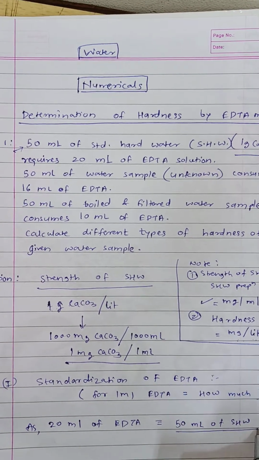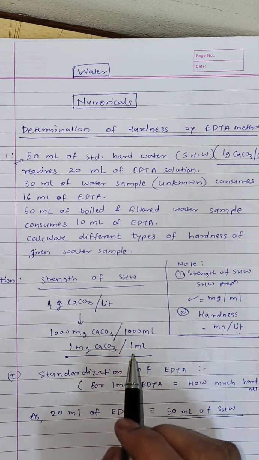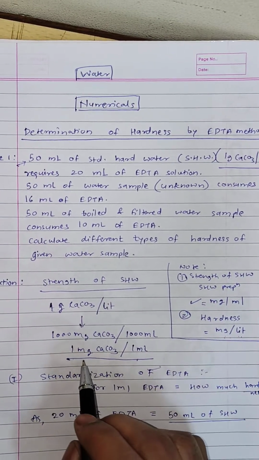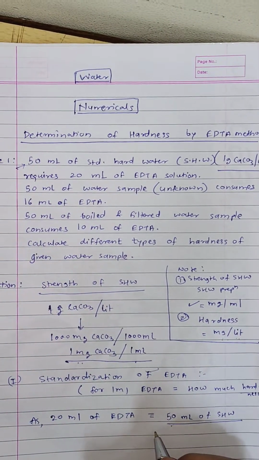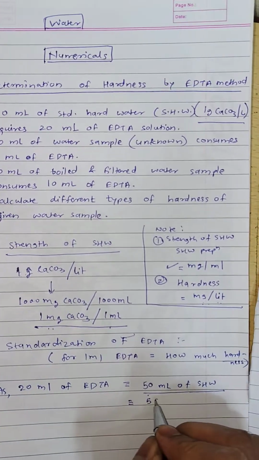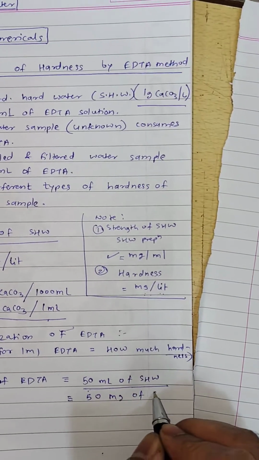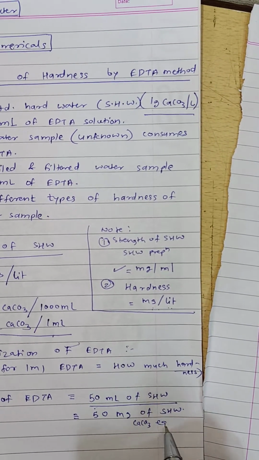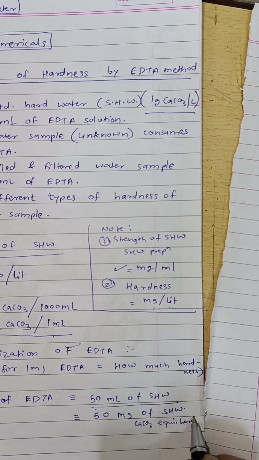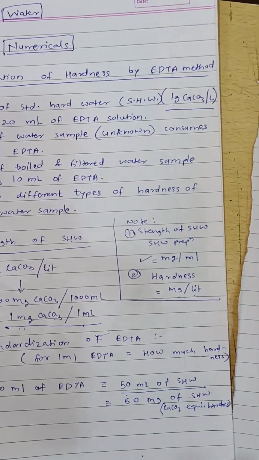What is 50 ml of SHW? If I take 1 ml, the strength is 1 milligram. So 50 ml is 50 milligram, which is equivalent to 50 milligram CaCO3 equivalent hardness. So what is our aim? We need to calculate hardness.